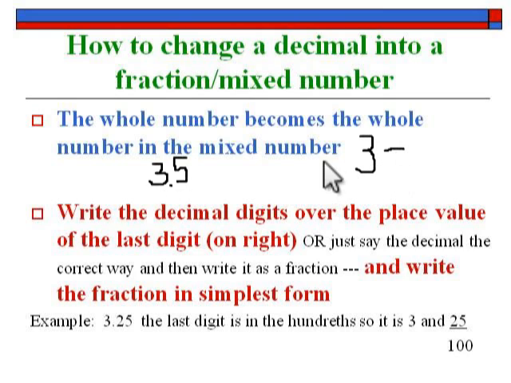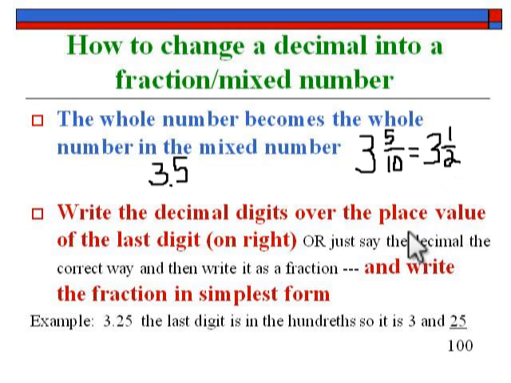The decimal part will be over whatever place value it is. This 5 is in the tenths column, so it's 5/10. Now this can be reduced or simplified, so we always simplify our fractions. I can divide both 5 and 10 by 5, so that would be an equivalent of 1/2.